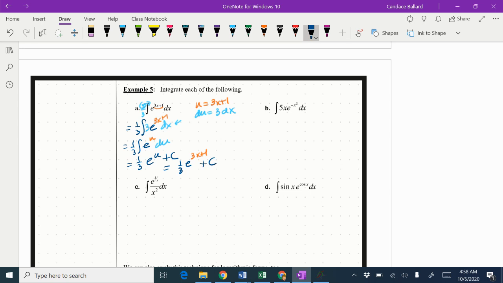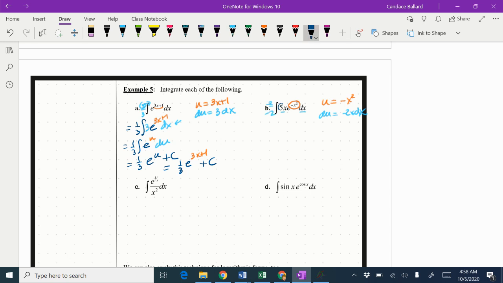All right, let's see what happens with b here. I'm going to use what looks like my inside function for my u. So u is negative x squared, which means that du is equal to negative 2x dx. Well, I see the x dx, I do not see the negative 2, so I'm going to multiply top and bottom by negative 2.